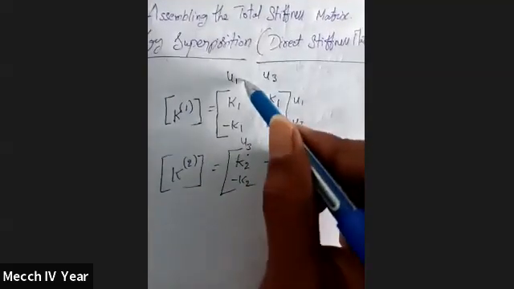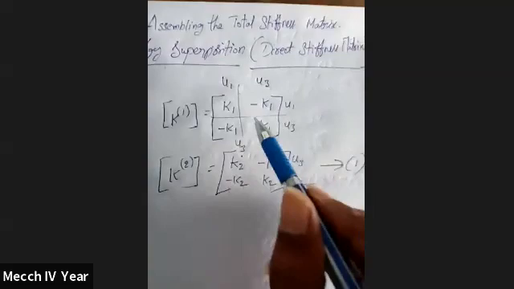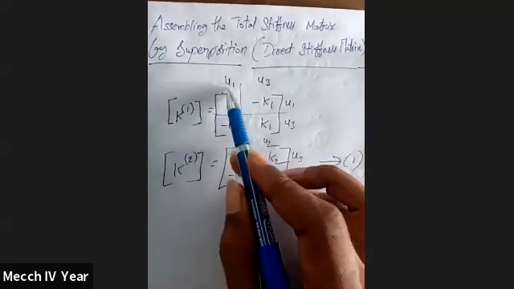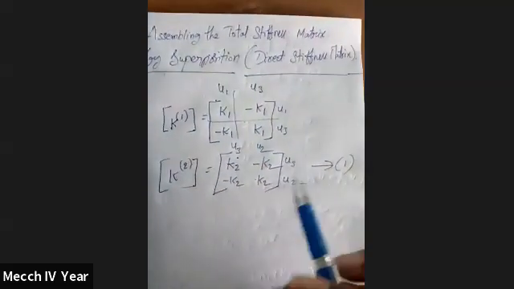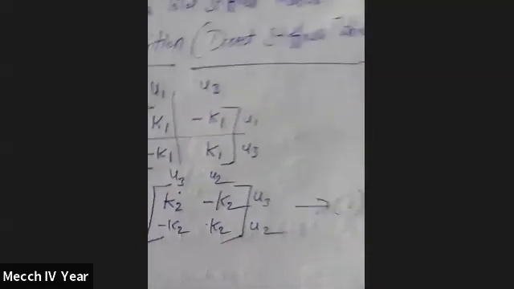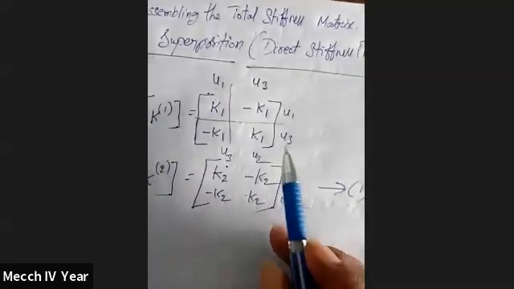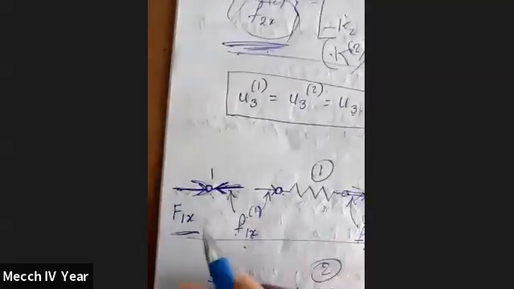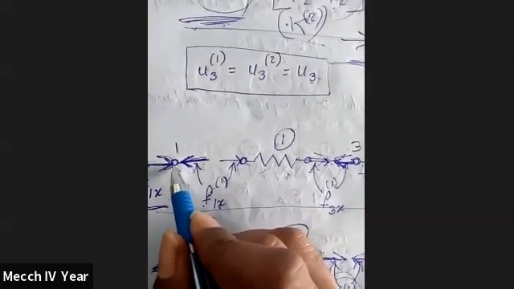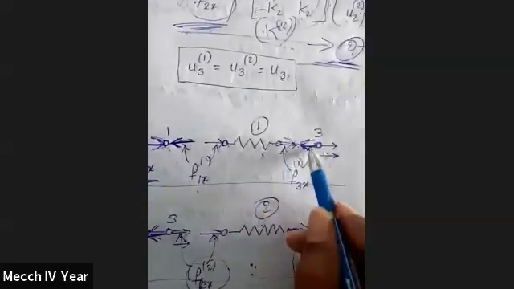This is called the degree of freedom associated with u1. Therefore element 1 is associated with the axial displacement at nodal 1 and nodal 3, this single element.